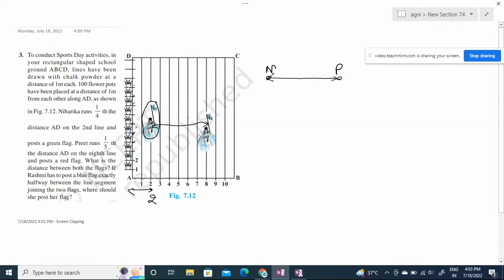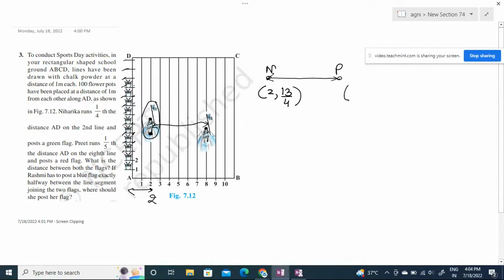The distance covered by that, 1, 2, 3, 4. So the y coordinate becomes, for Niharika, if we take 12, 1, 2, 3, 4, 5, 6, 7, 8, 9, 10, 11, 12. I will take 12. No, it is 13, 1/4 of the distance. So 13 by 4 you can take.